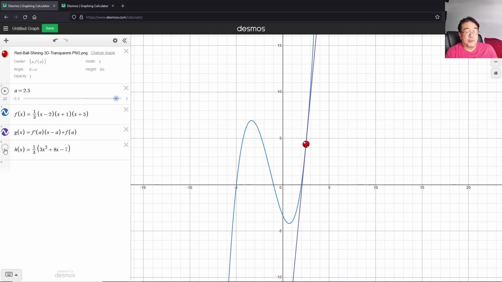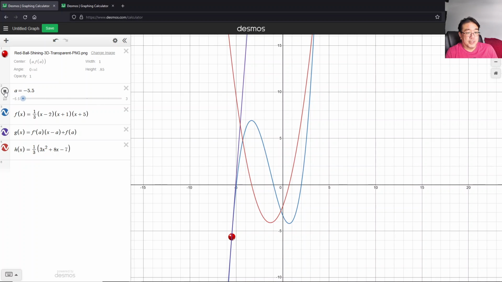Now let's look at the graph of the derivative function. This in red would be the graph of the derivative function. Let's start again and see, as I was saying, the tangent line is going upwards, so the slope is positive, so the graph of the derivative is above the x-axis for these values.